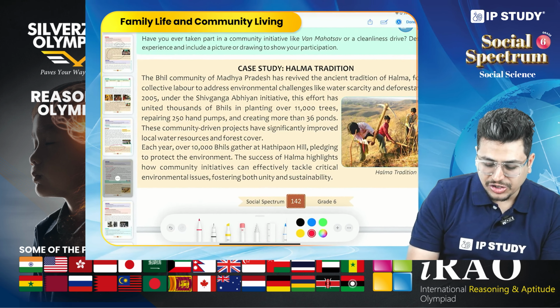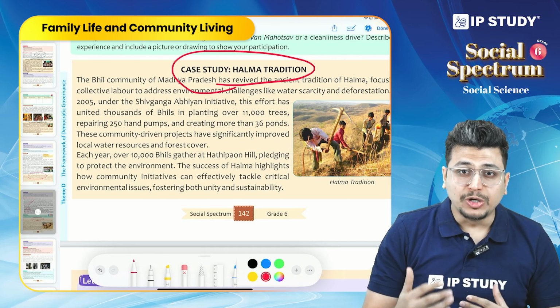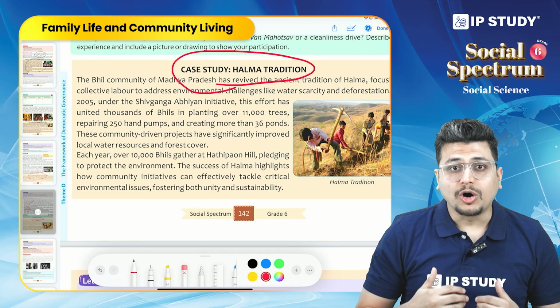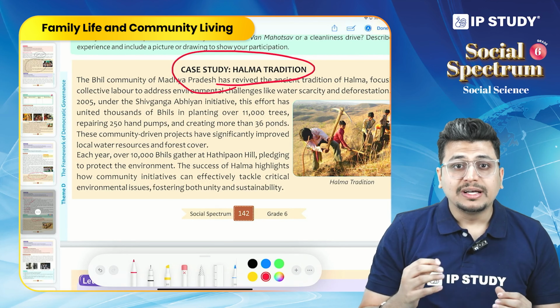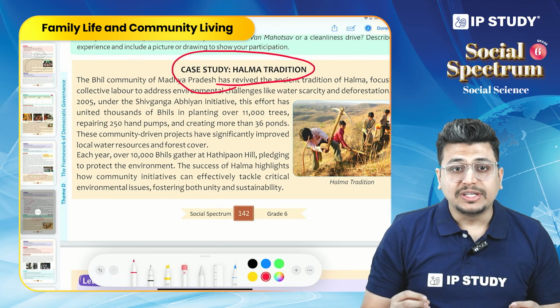They came together to grow many trees, to repair the hand pumps, and did so many things for their region. And why did they do it? Yes, because they had a sense of belongingness, they had a sense of cooperation, they had a sense of affection for the members of their community, and that is why they came together and performed so many wonderful deeds.